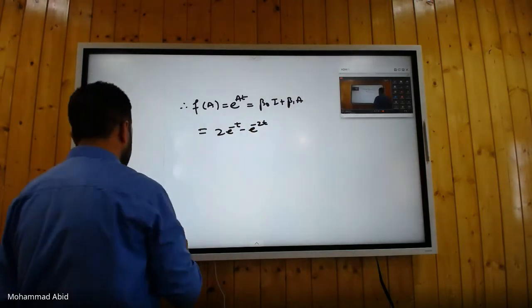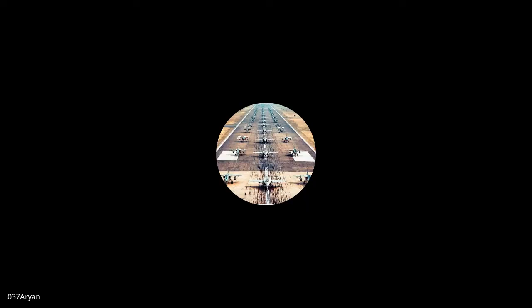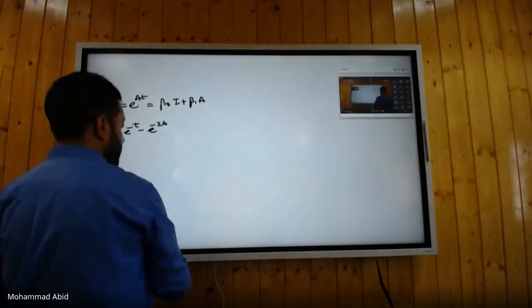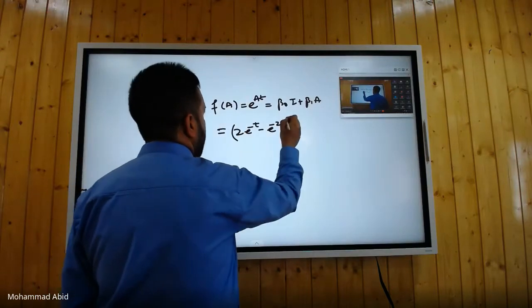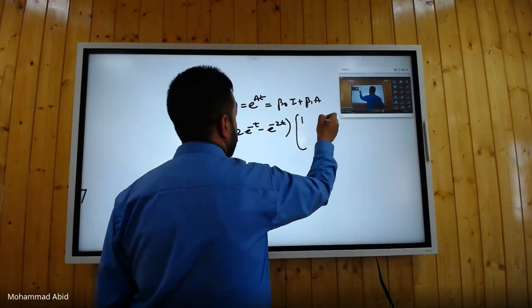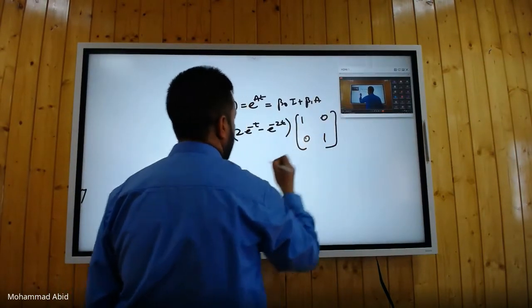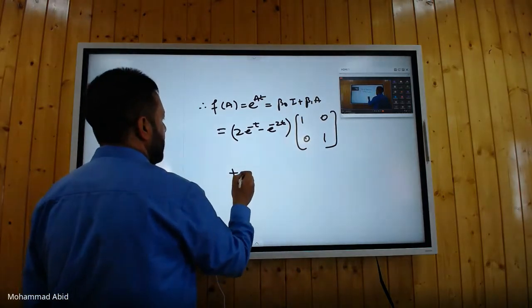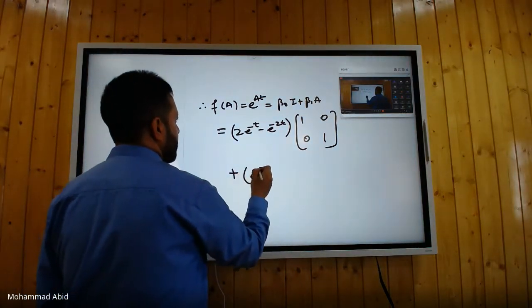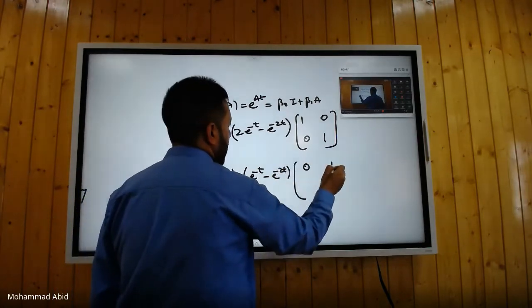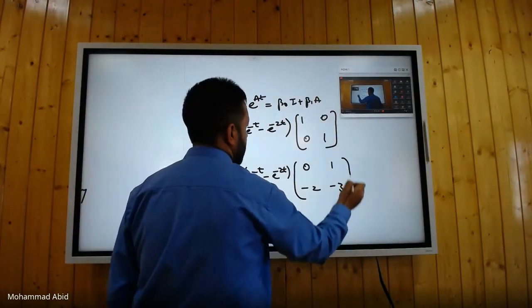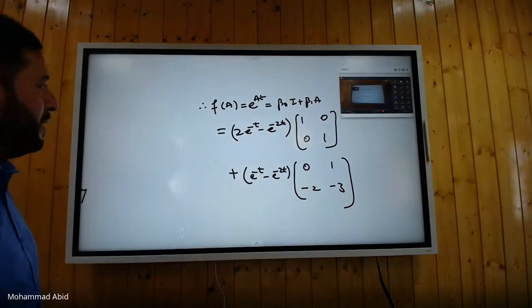Is that what you got? So this thing, and I is the matrix 1 0 0 1, then plus beta 1, which is e to the power minus t minus e to the power minus 2t, and A is 0 1 minus 2 and minus 3. Is that okay?